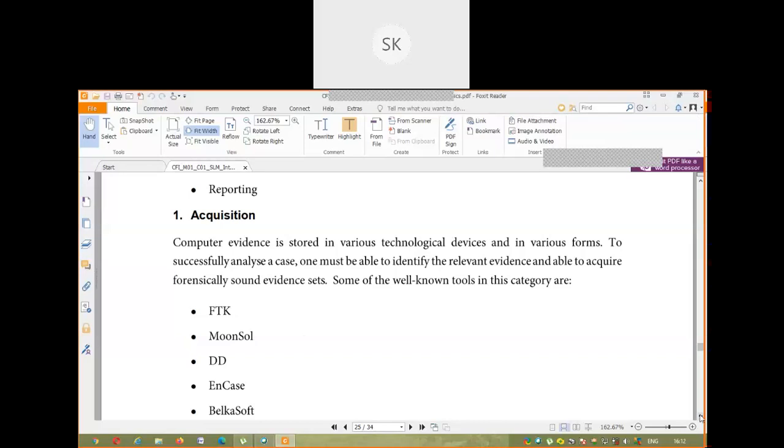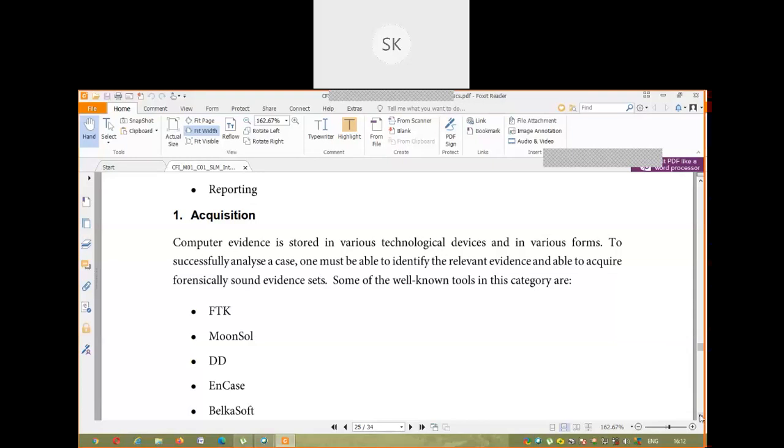Okay, so it may be any form and they may use any technical device. So from that device, how can we acquire our evidence? These are the following tools for acquisition of forensic evidence.